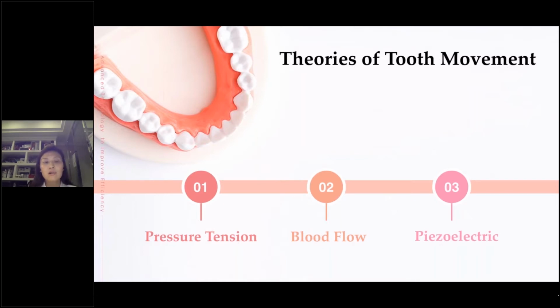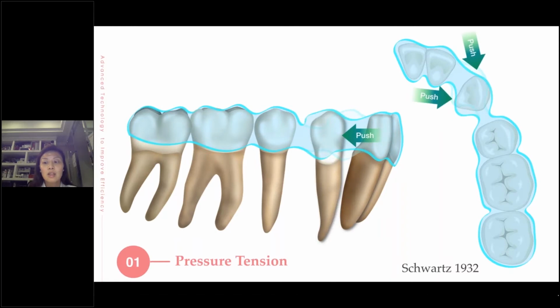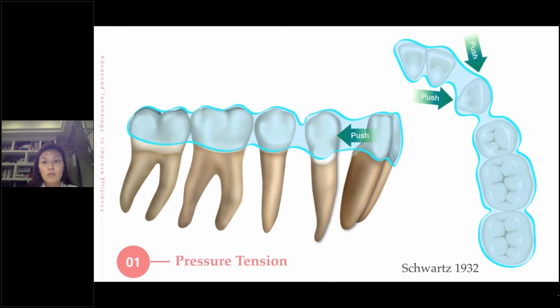So what is the pressure tension theory? In 1932, Schwartz proposed the pressure tension theory on the biology of tooth movement. When you give a tooth a push force, the tooth moves, right? So what makes the tooth move?